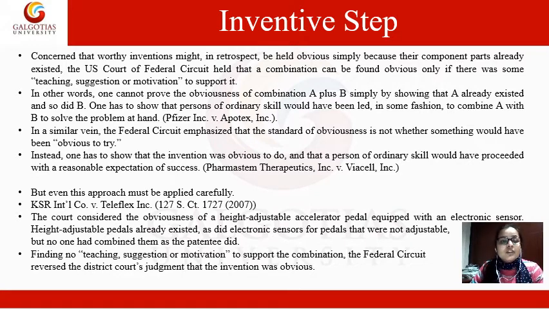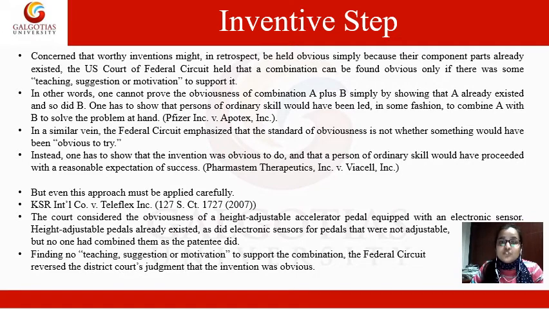So one cannot prove the rearrangement or the obviousness of the combination of a particular thing, which we have already studied under Section 3 of the Patent Act. Like if there are four products, let's take an example of products A, B, C, D, and you are merely making a combination of products that have already existed, the obviousness of such a product cannot be proved.